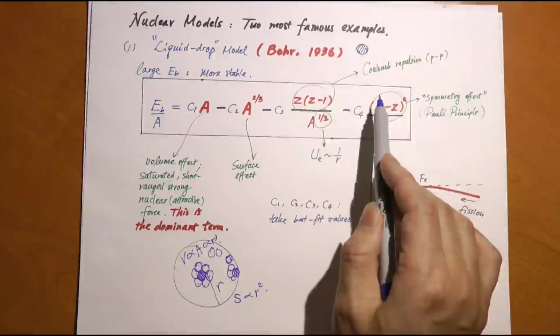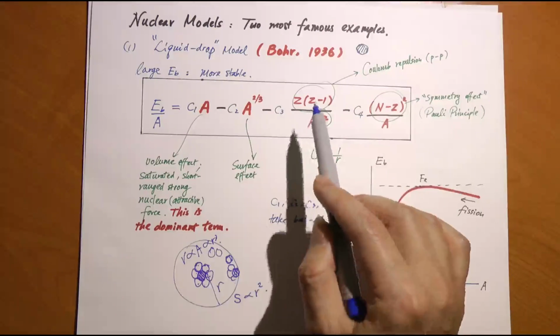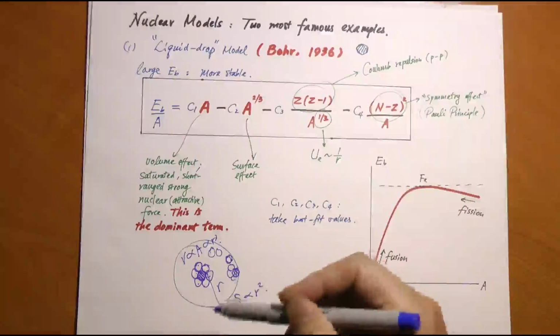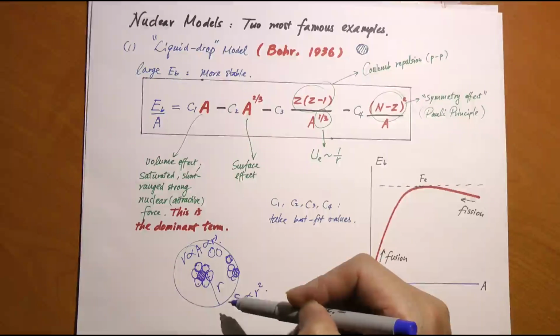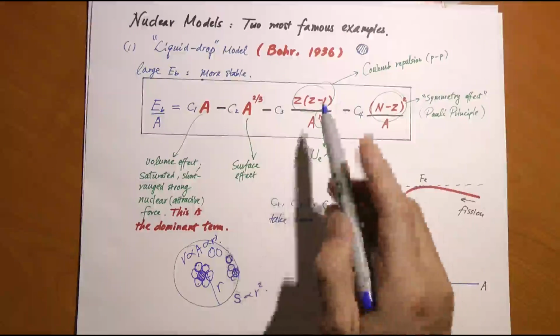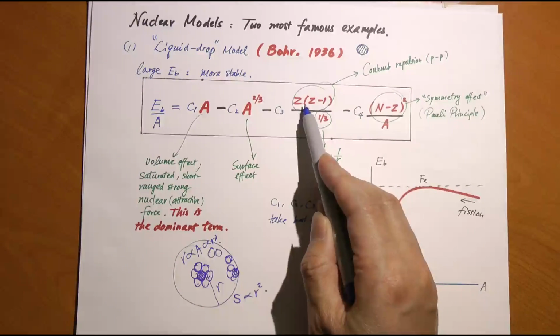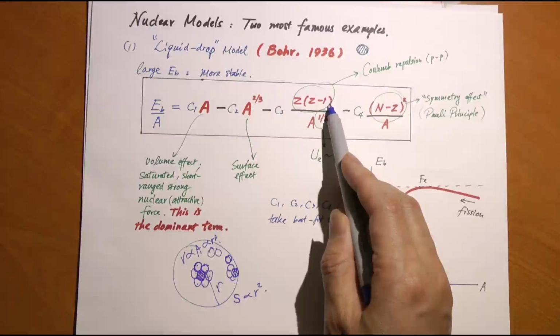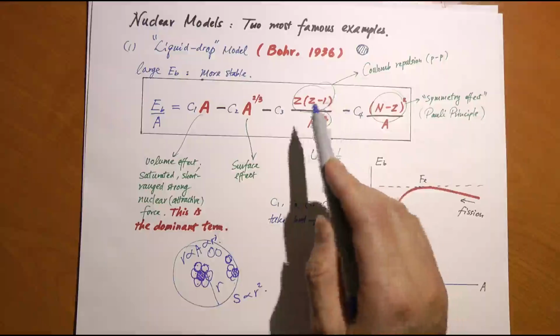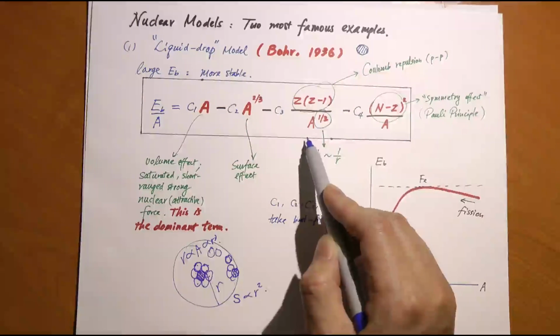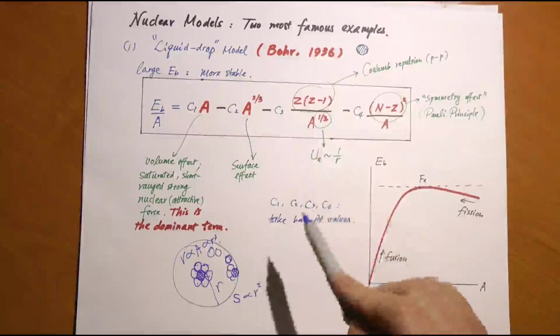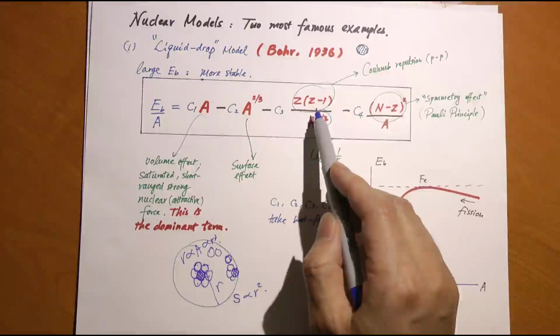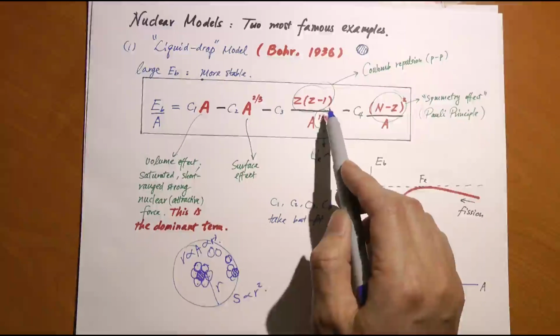Well, for each pair, I have 2 protons, right? So how many protons can I choose for the first particle in that pair? I have Z choices. Z is the number of protons. Once I choose one proton, there are this many protons left. So the total number of pairs is Z times Z minus 1 divided by 2. That 2 is getting absorbed into that constant. So that really is just the number of proton-proton interactions.